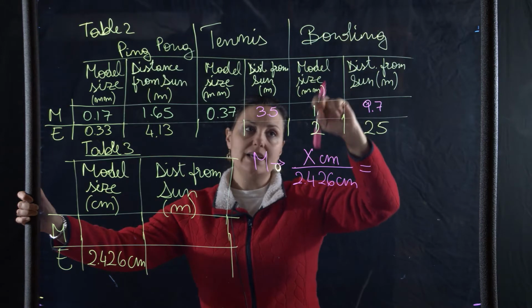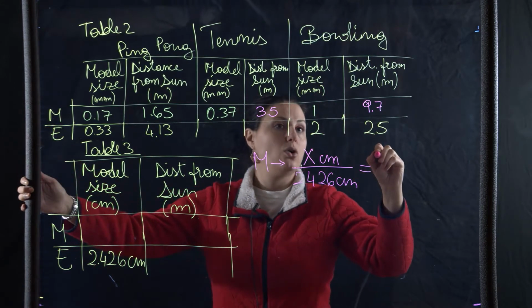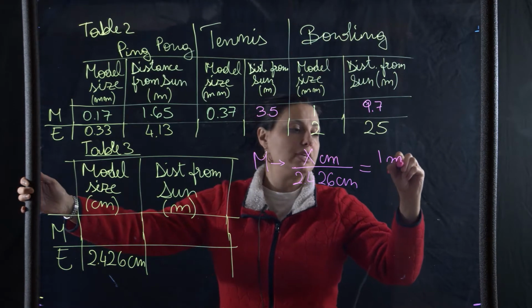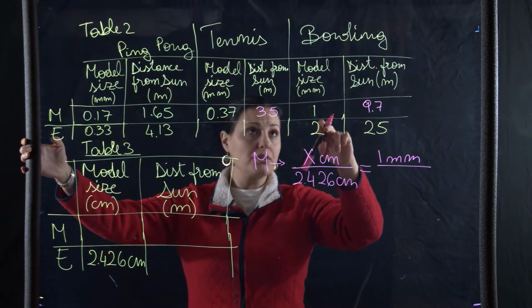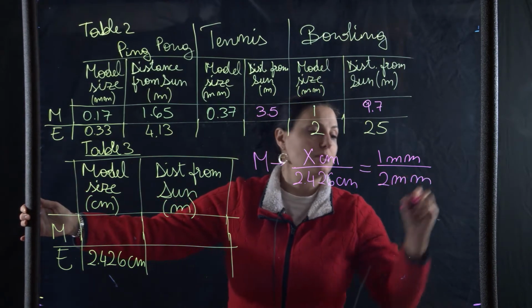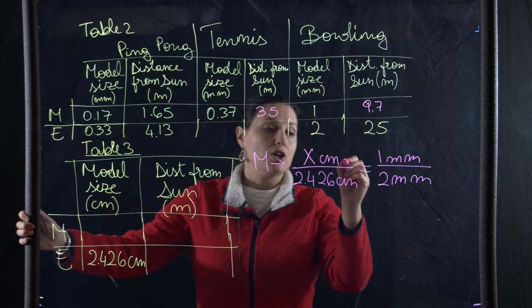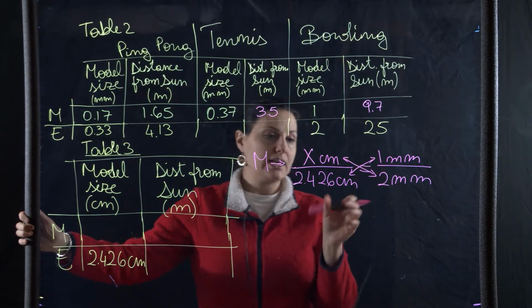The model size for Mercury, which is 1 millimeter, divided by the model size for Earth under bowling ball, which is 2 millimeters. Okay? Cross multiply and set the products equal to each other.